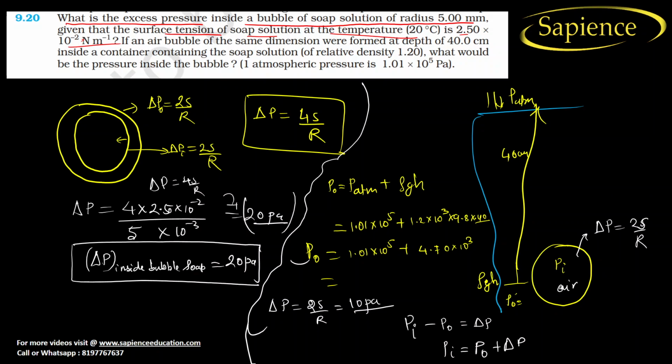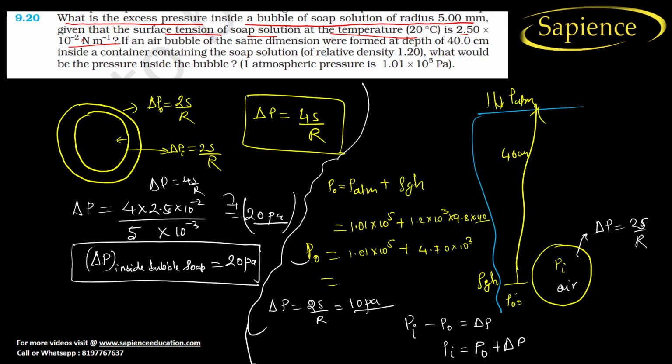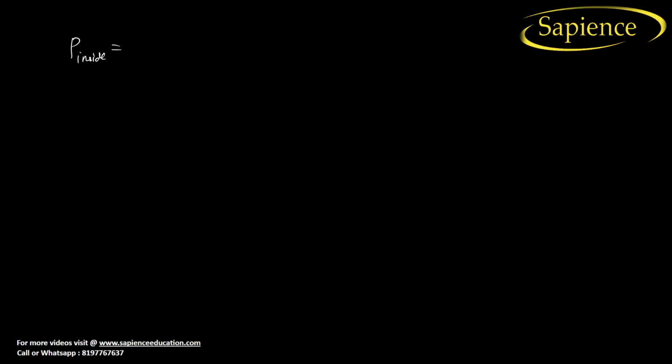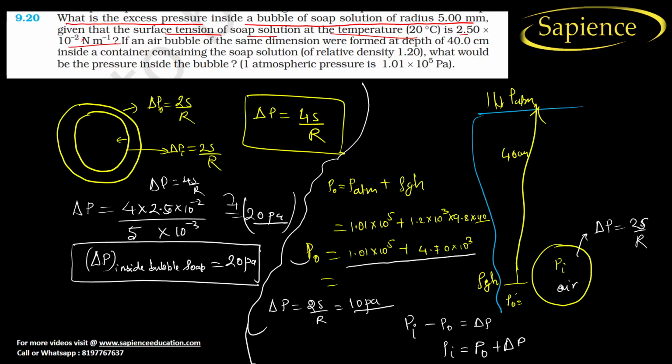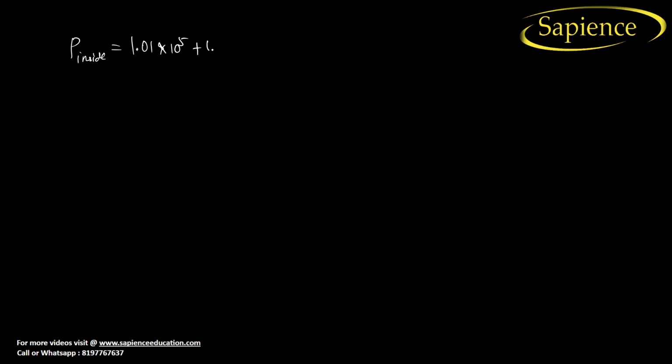So how much is P outside? Let us see here. P inside is equal to P outside, which is 1.01 into 10 to the power 5 plus 4.70 into 10 to the power 3 plus 20 Pascal.